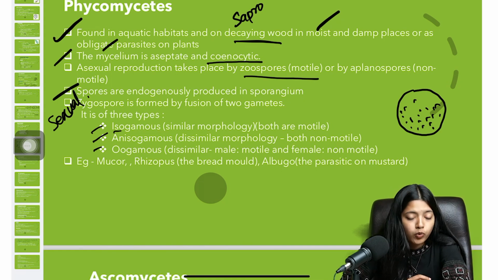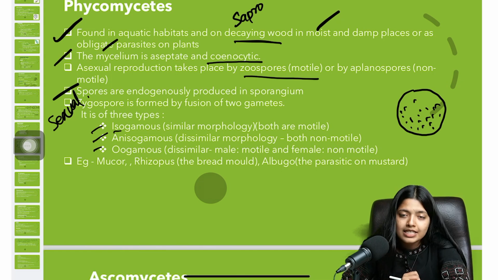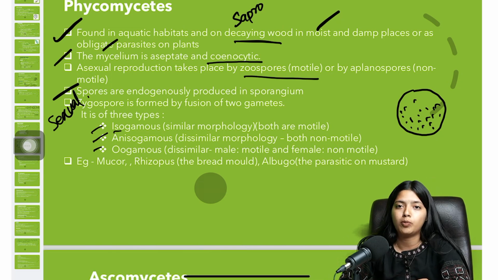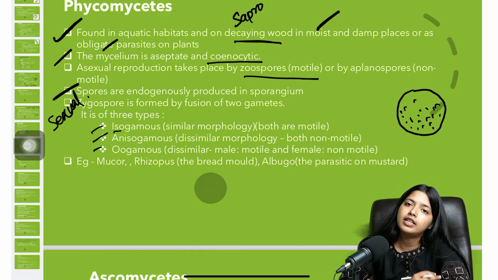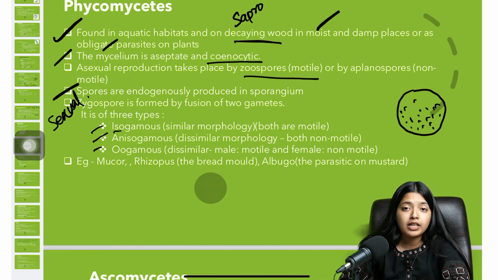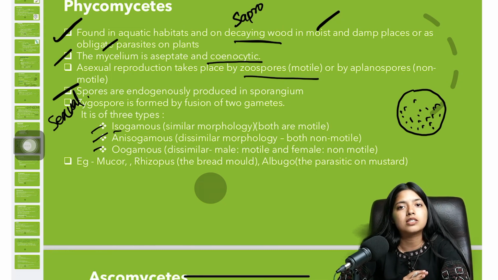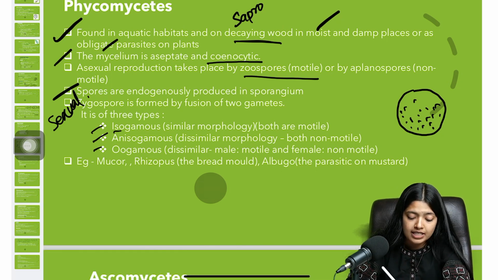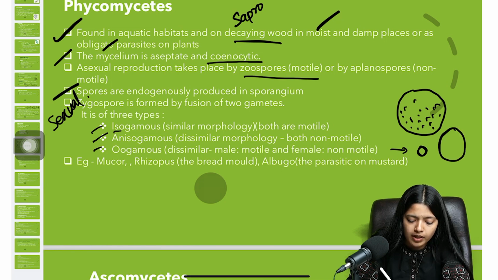And then oogamous. Oogamous means dissimilar male and female. The male is motile but the female is non-motile. They are also dissimilar, and the male will be small and the female will be large.